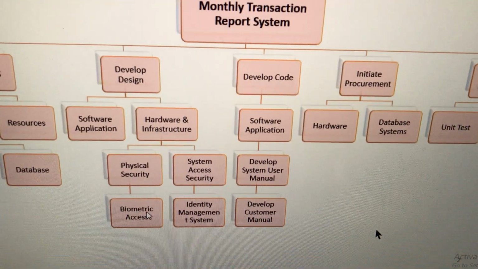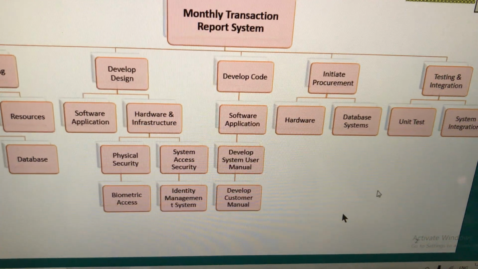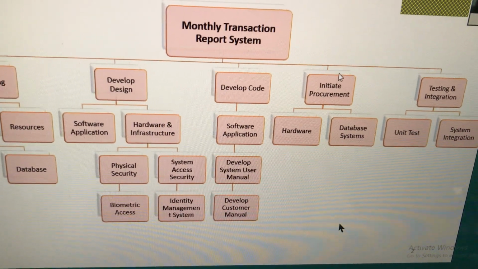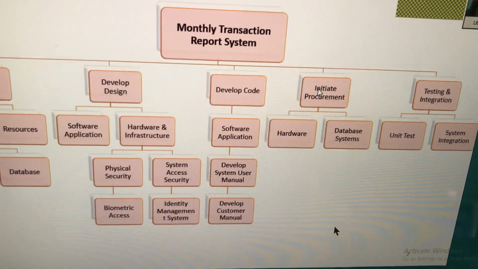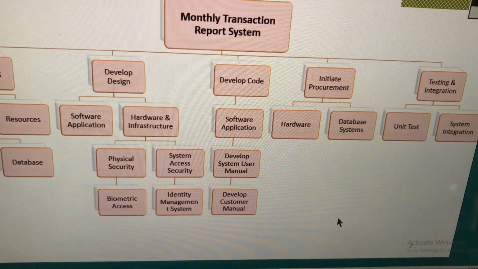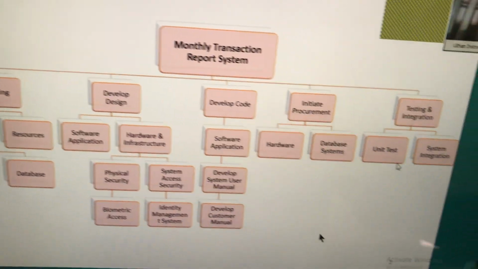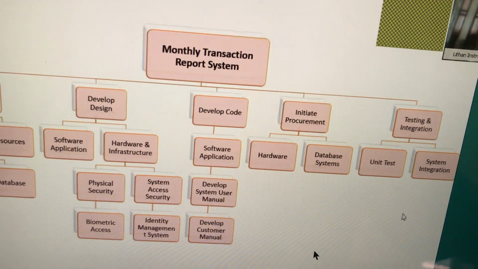Likewise, now you see here software, develop code, write code, initiate procurement, take action, do testing. Can you see that? This is work breakdown structure.